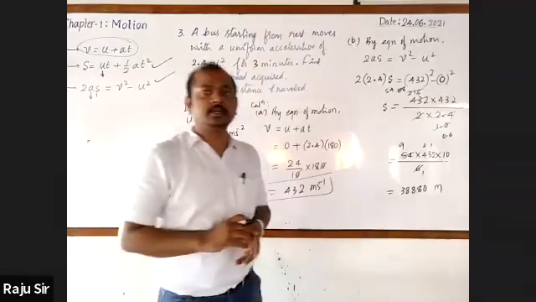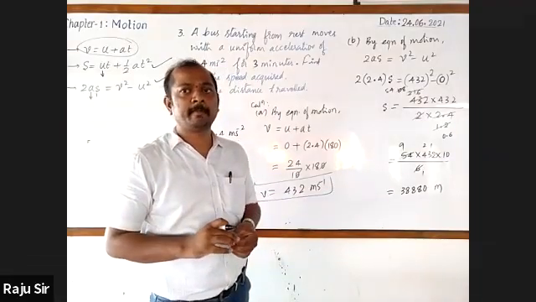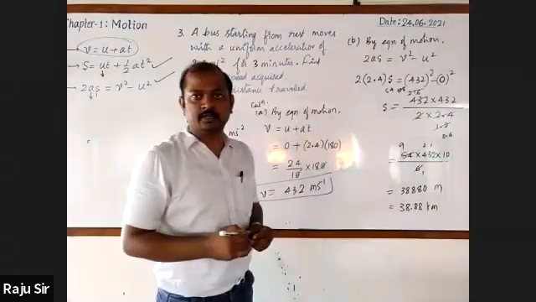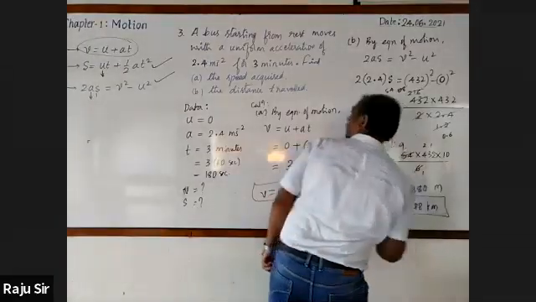If it is converted into kilometer, how much it will be? 38 kilometers 880 meters. 38.88 kilometer. 38.88 kilometers. This is the distance traveled by the bus.